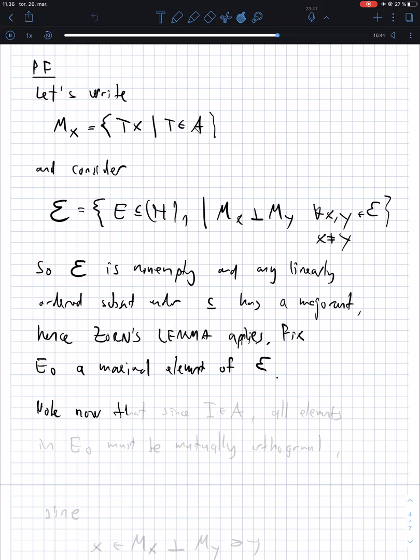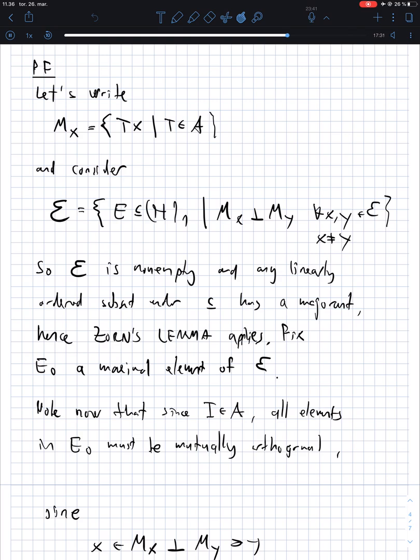So note now that since the unit is contained in A, all elements in E naught must be mutually orthogonal, since x lies in Mx, Mx is orthogonal to My, and that contains y.